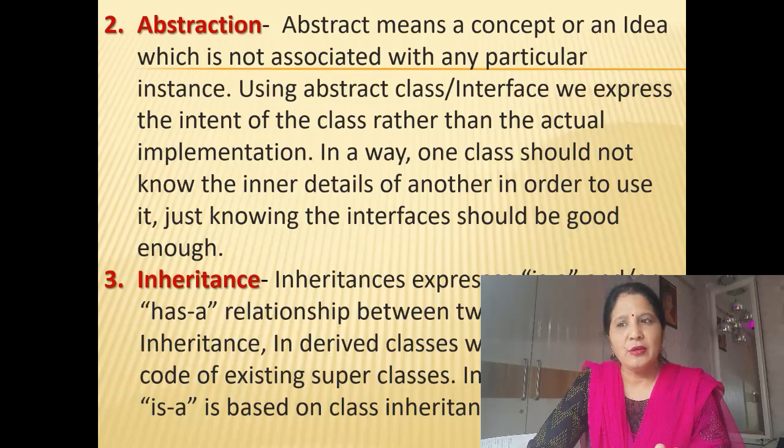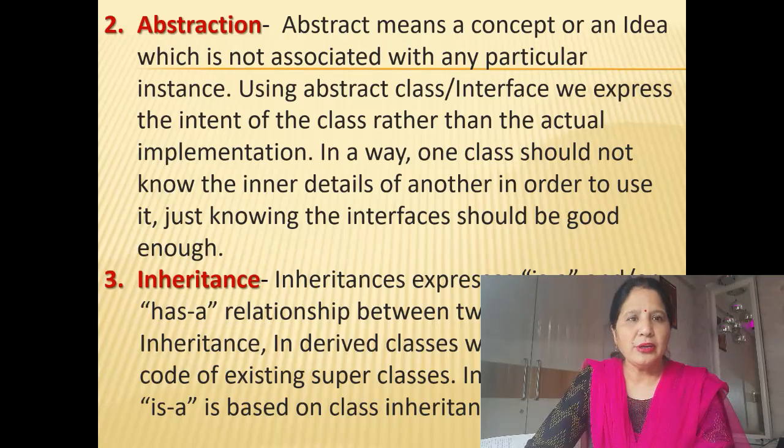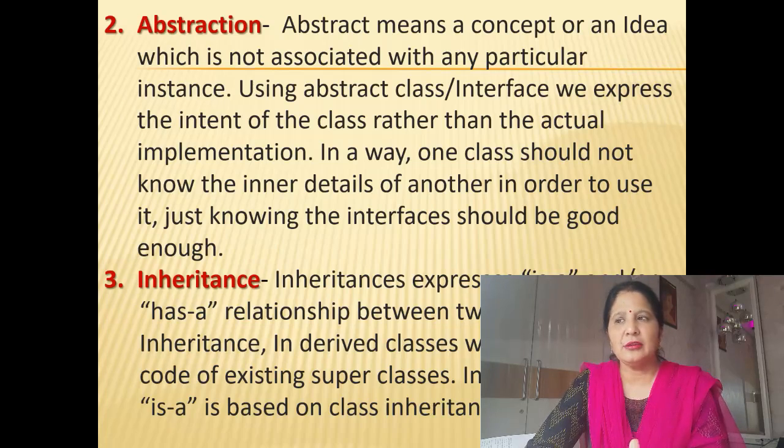In a way, one class should not know the inner details of another class to use it. Just knowing the interface should be good enough. Abstraction means there is no need to know the background details of those objects. They can use only the ideas of that. That is known as abstraction.